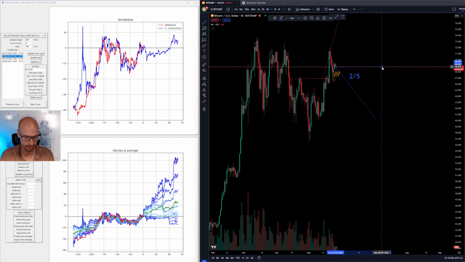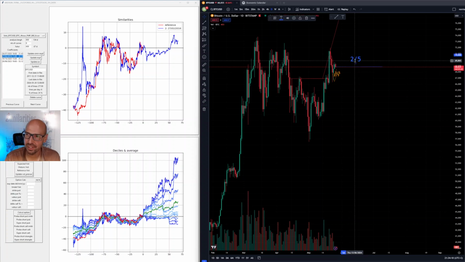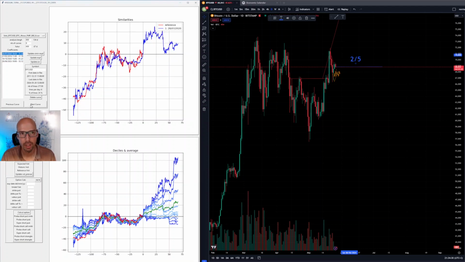Okay, so flat prediction. I keep the confidence index of 2/5 because, well, I don't have that many curves and it's not that well fitted globally.